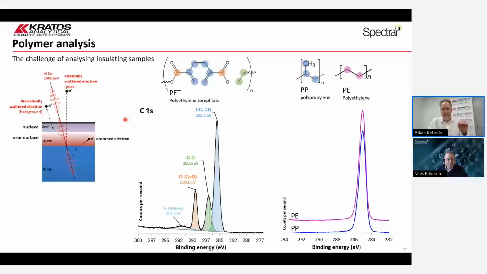And then also a supplementary comment to that, related to the fact that we've got photoelectrons leaving our surface for XPS. If we're trying to analyze polymer materials or non-conducting materials, very quickly, because we've got electrons leaving, the surface can become positively charged.